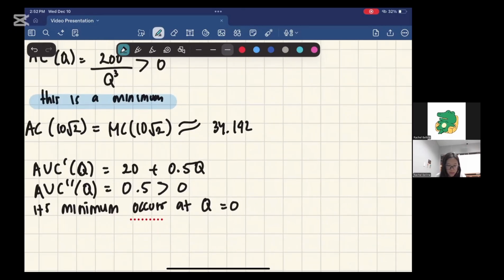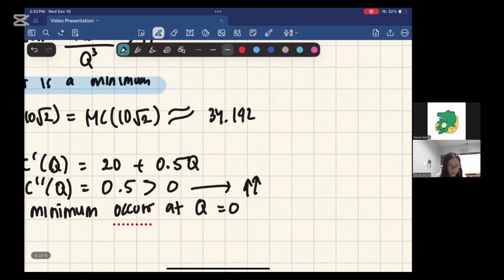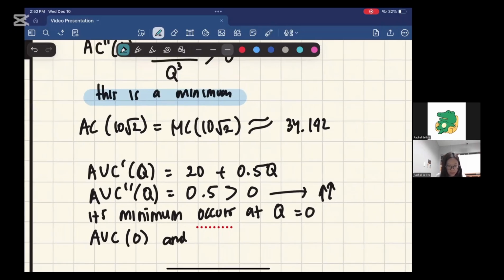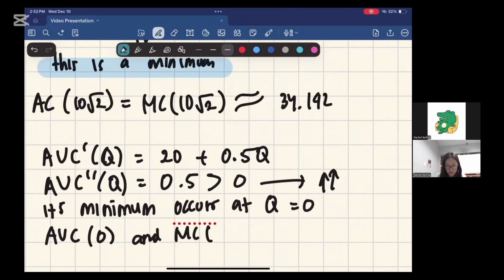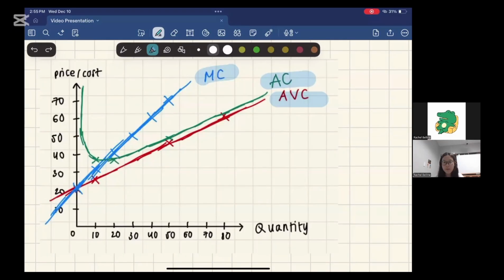And average variable cost is always increasing, and so both average variable cost and the marginal cost are equal to 20. In the final graph, it shows the marginal cost, average cost, and the average variable cost.